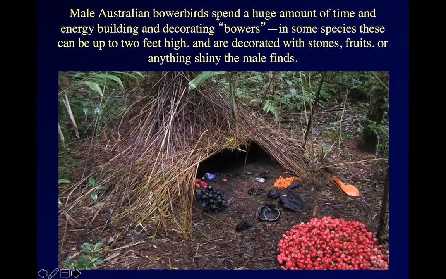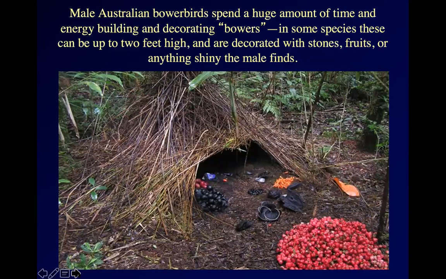Here's another one. Male Australian bowerbirds spend an enormous time building these shelters made out of brush called bowers. In some species, they can be up to 2 feet high, and the males will decorate them with anything shiny that they can find. Here, evidently, there's a lot of berries that are bright red and dark blue. They'll pick up bottle caps and trash and gum wrappers if they're available.